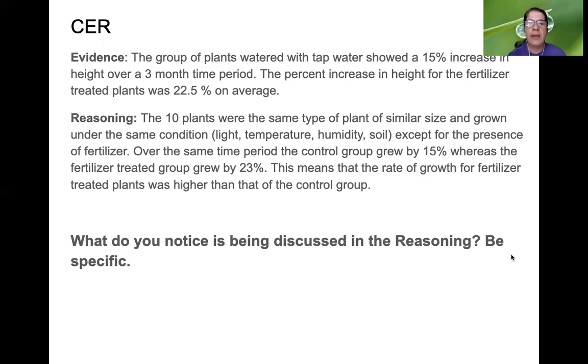The 10 plants were the same type of plant, of similar size, grown under the same conditions, light, temperature, humidity, soil, except for the presence of fertilizer. Over the same time period, the control group grew by 15%, whereas the fertilizer treated group grew by 23%. This means that the rate of growth for fertilizer treated plant was higher than that of the control group.